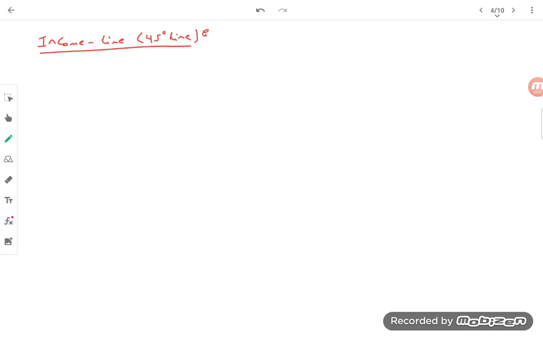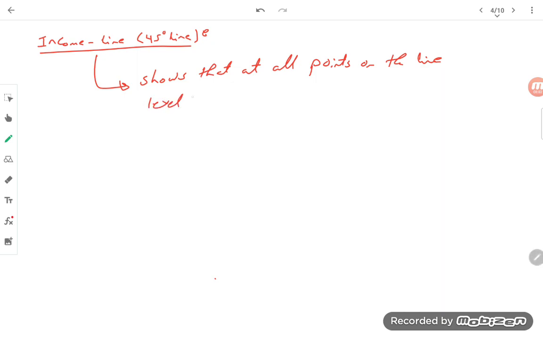The income line, or the 45-degree line, shows that at all points along the line, the level of income is exactly equal to the level of consumption.